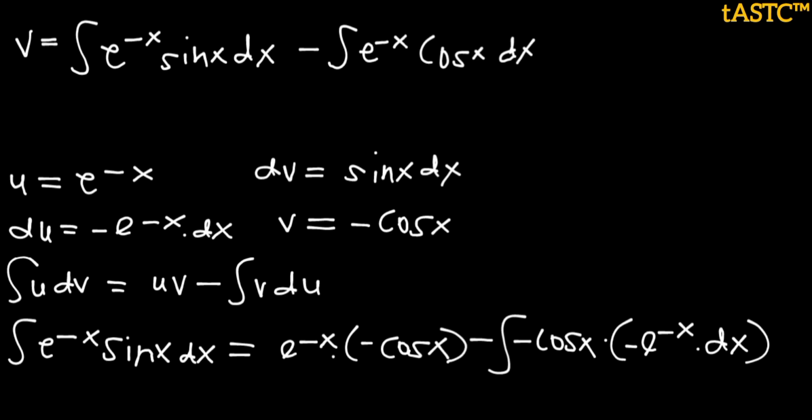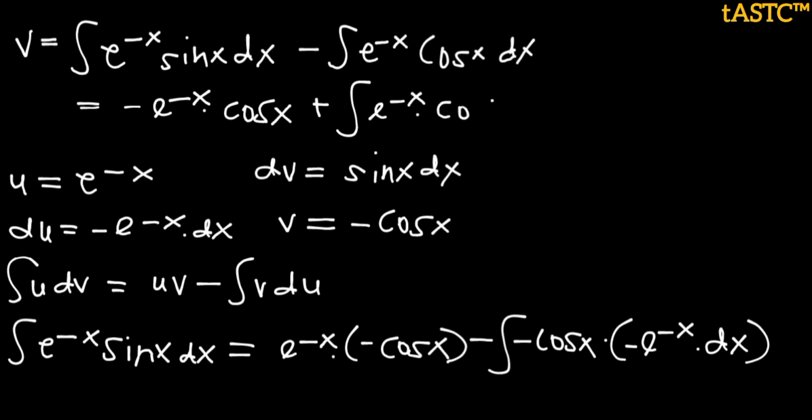So this is what we should have: minus e to the minus x multiplied by cos x, and here we're going to have plus the integral of e to the negative x multiplied by cos x dx. Okay, so we should have a negative here, so that is actually supposed to be there. Yep, so we are actually correct. There is no error here, right?